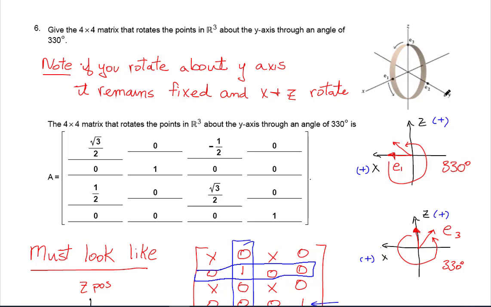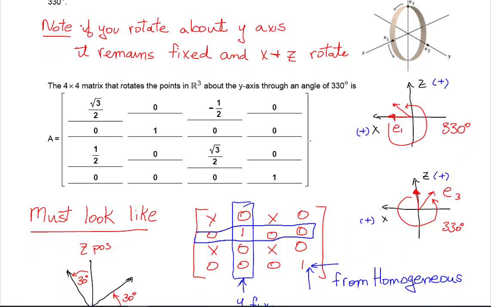All right, second, if we want homogeneous coordinates in R3, then that's why it is a 4x4. And if you remember, our x, y, and z went to x, y, z, and the last coordinate was a 1. So that's why that has to be part of our matrix that does this operation.